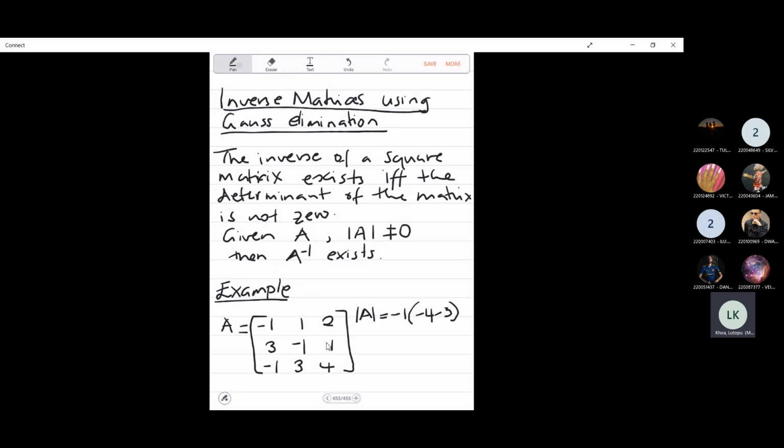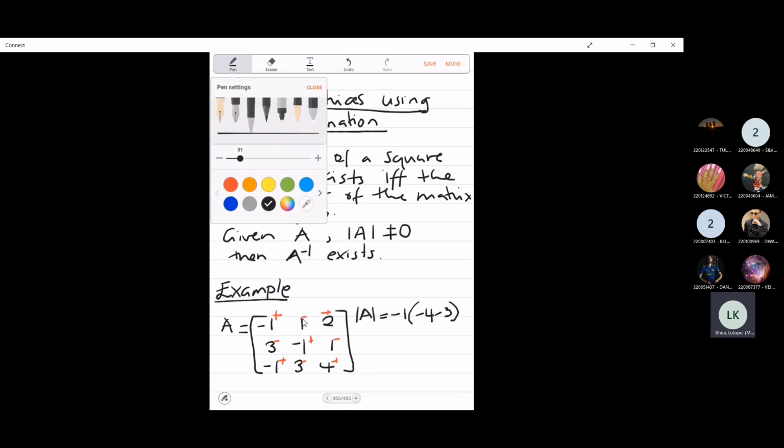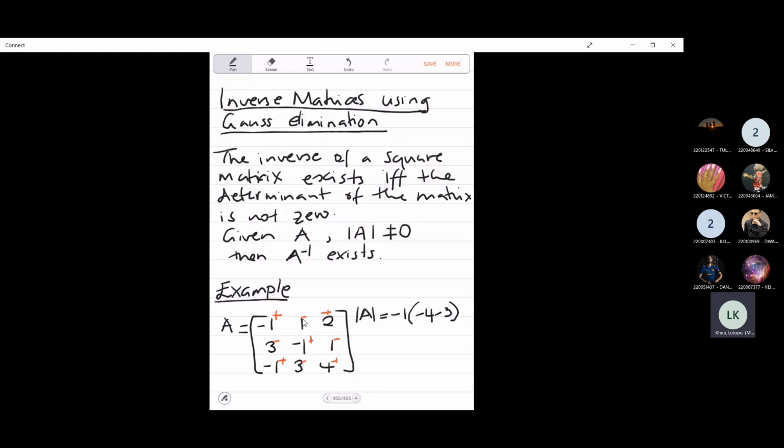The signs go plus, minus, plus, minus, plus, minus, plus, minus, plus, like that. So this one here has a -1 associated with it. So I write -1, and then I remove this row and that column. Then I'm left with this matrix here.